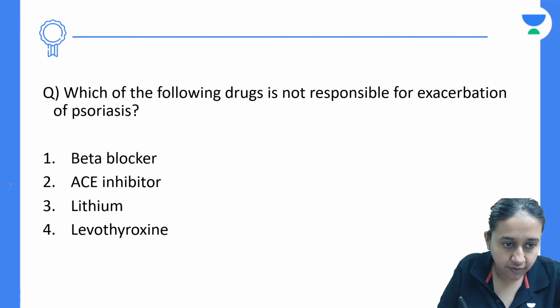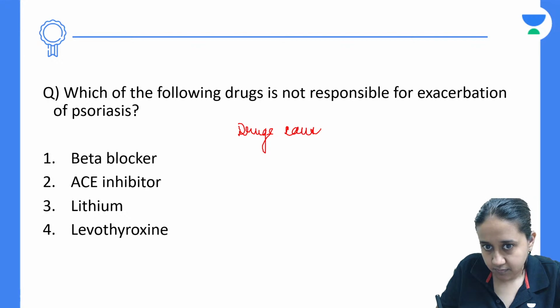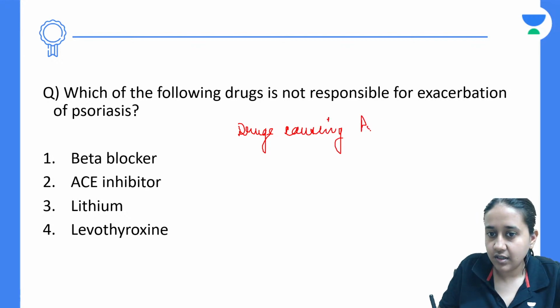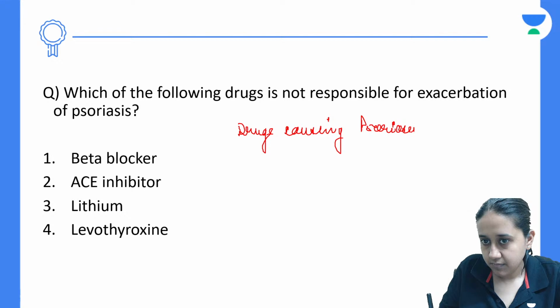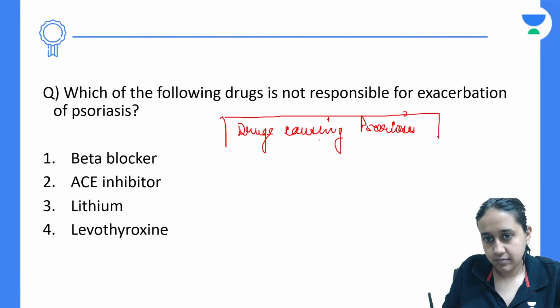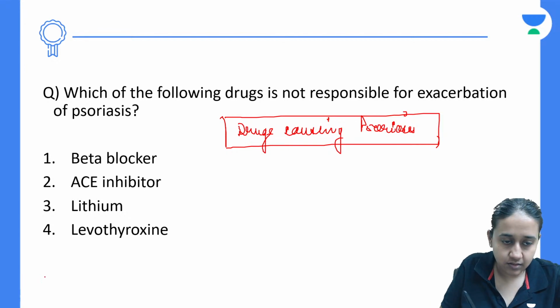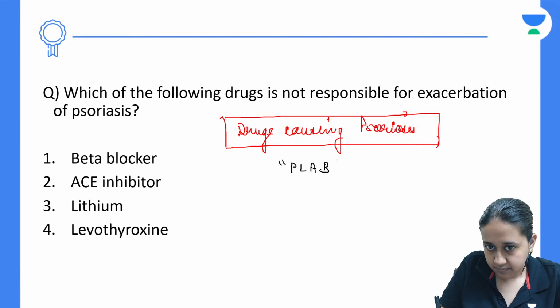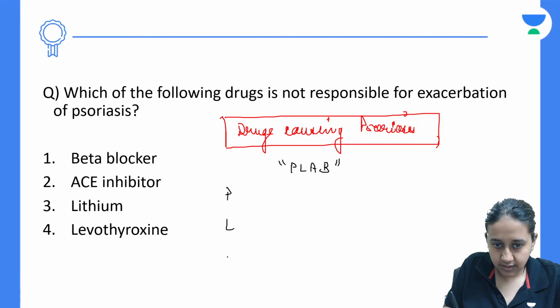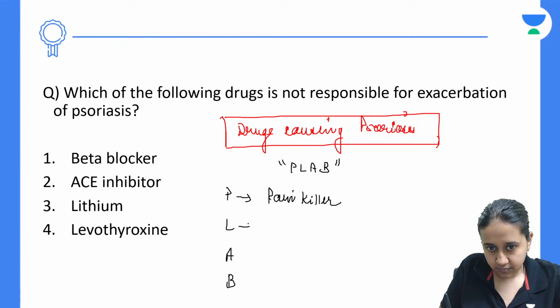Please write down the mnemonic for drugs causing psoriasis. The mnemonic is PLAB. P-L-A-B. Painkillers, which is NSAIDs.